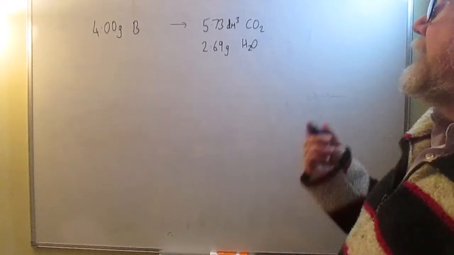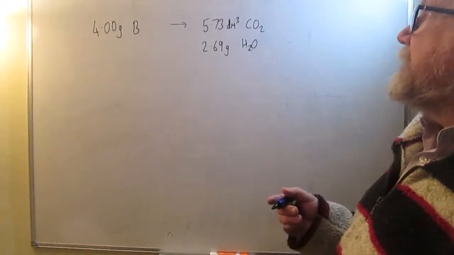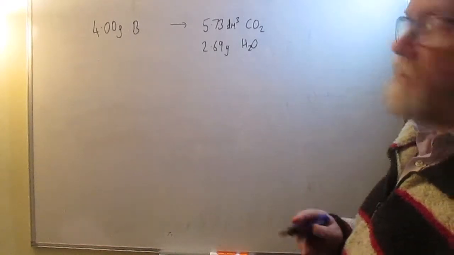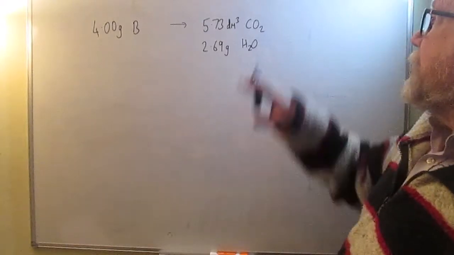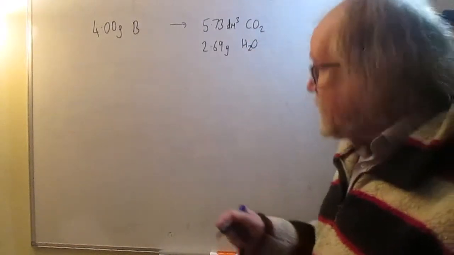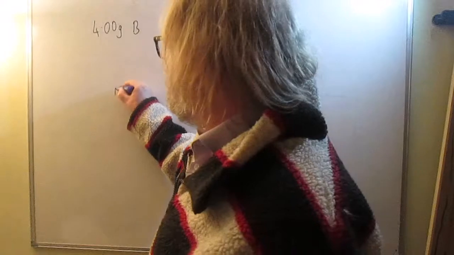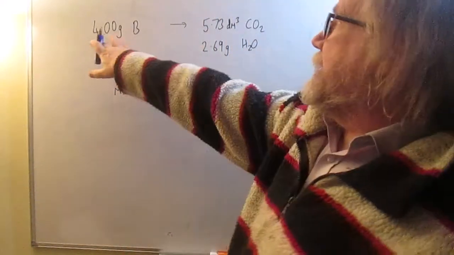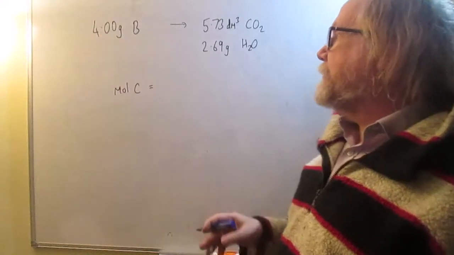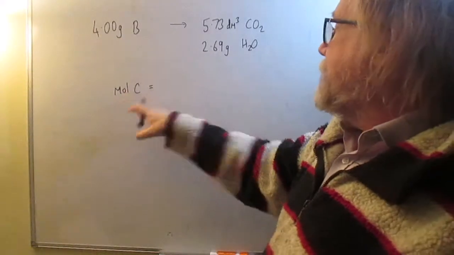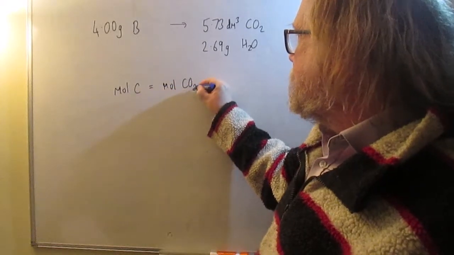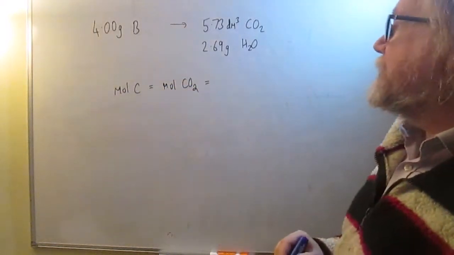So, in a combustion analysis, the important thing to remember is that all of the carbons in your organic compound are going to end up as CO2, and so we can start out by recognising that the moles of carbon in this sample of B, the 4 gram sample of B, is the same as the number of moles of CO2 produced when it's burned.